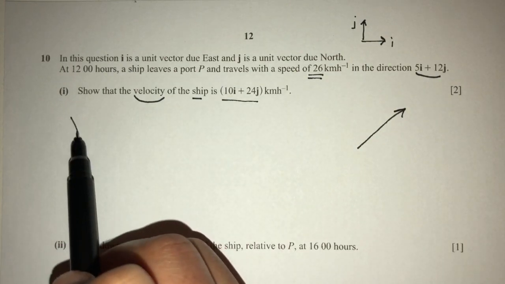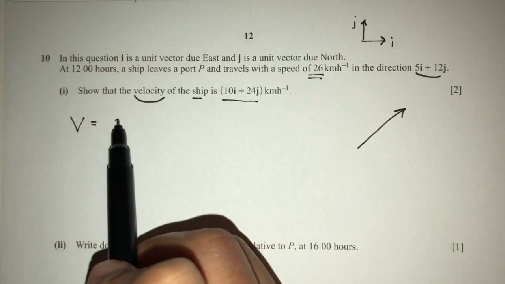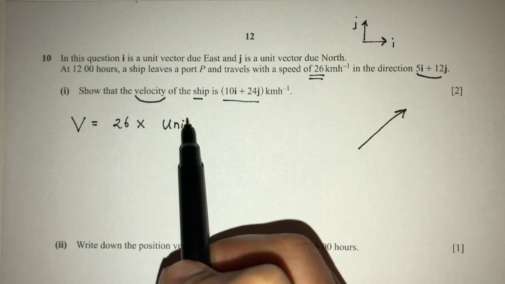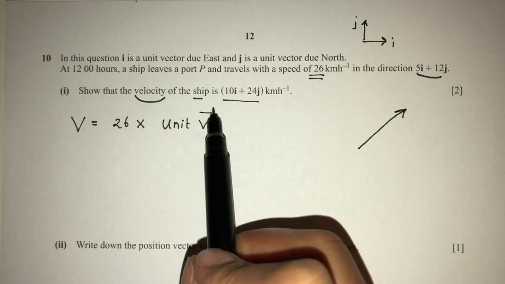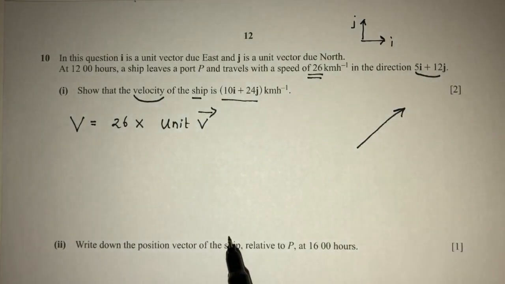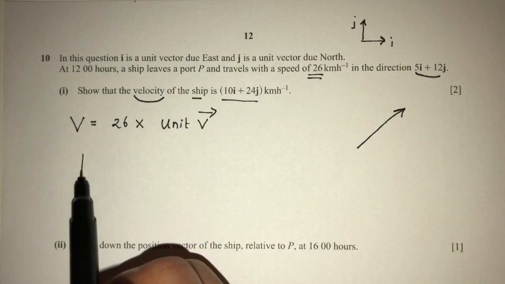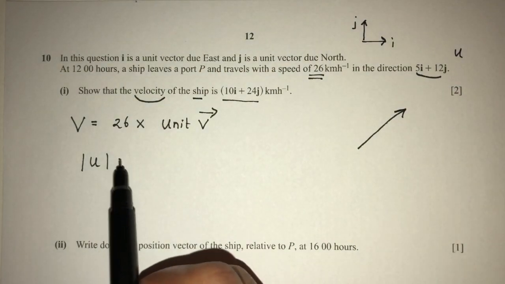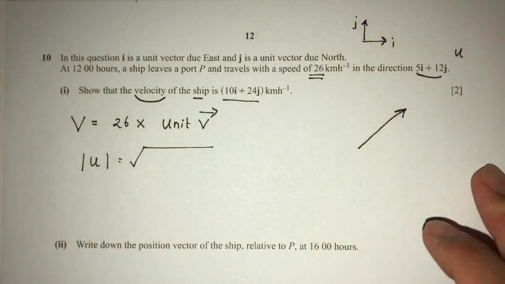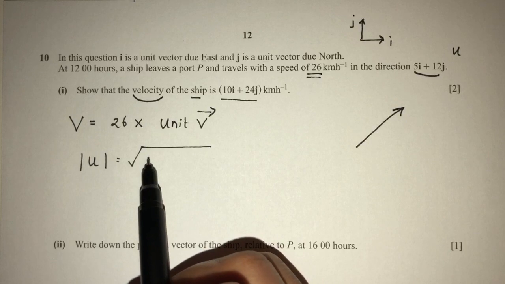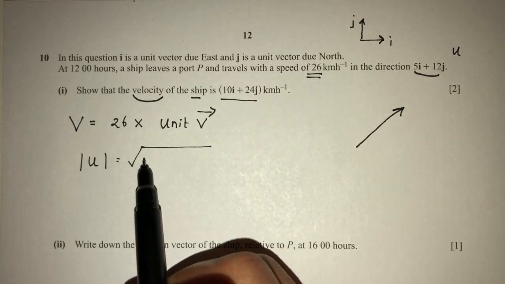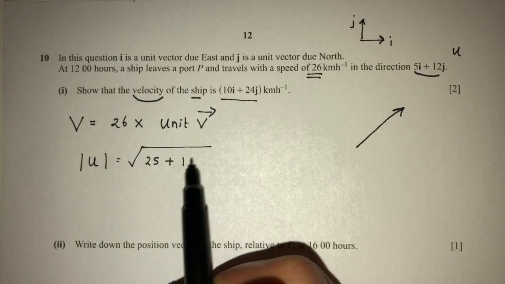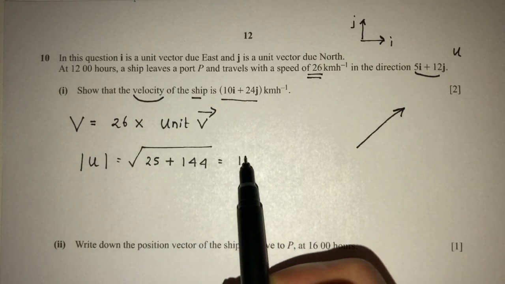How do you find velocity? Pretty easy. Take the speed, multiply by the unit vector in the direction of this one. Let's call the unit vector u. Let's first find the magnitude. That will be 25 plus 144, which is 13, the square root.